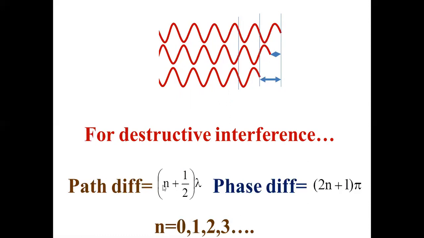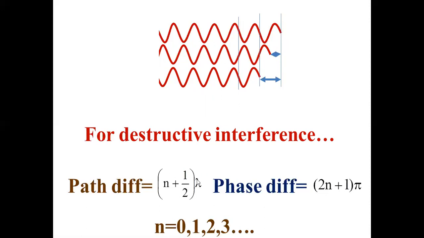So if the path difference is n plus half lambda, put n equal to 0, what will you get? Half lambda, this difference. Put n equal to 1, it gives 3 by 2, 1.5 lambda. So it should be crest falling on trough. Then the phase difference is 2n plus 1 pi.